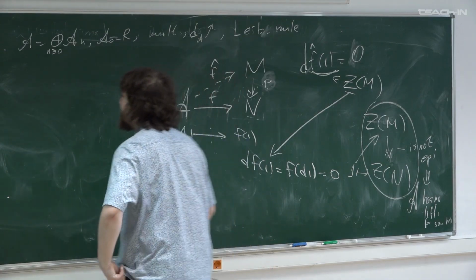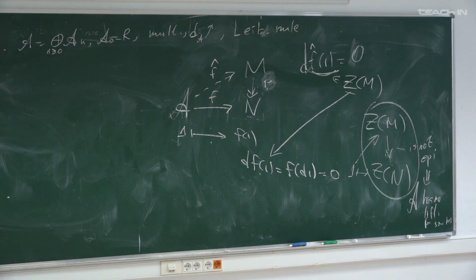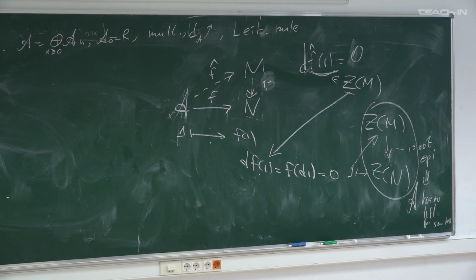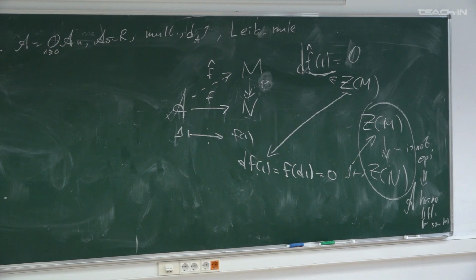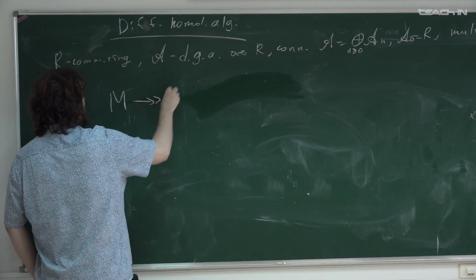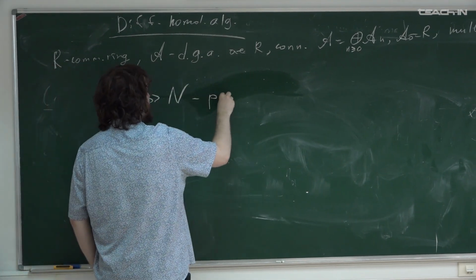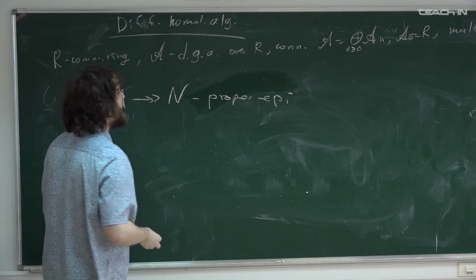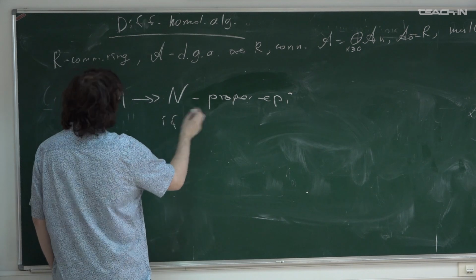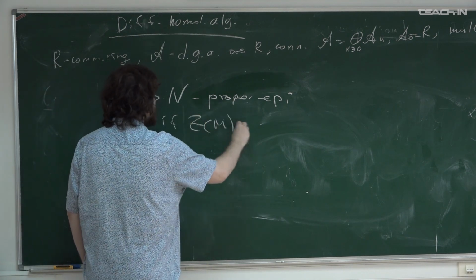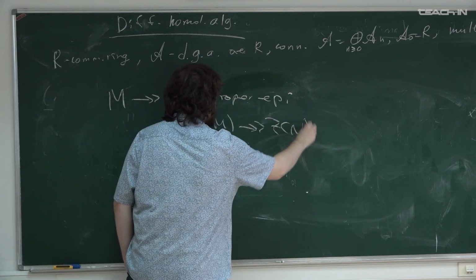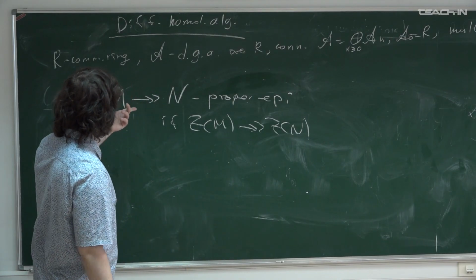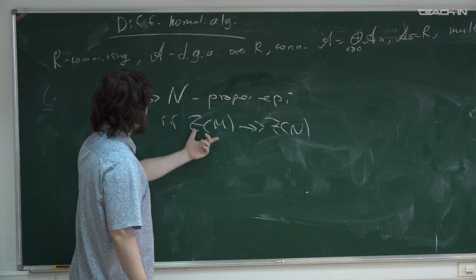So we say that an epimorphism of differential modules is a proper epimorphism if it's an epimorphism on cycles also. Because it's a differential map, it always sends cycles to cycles.